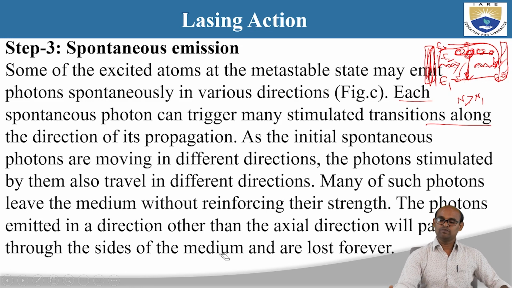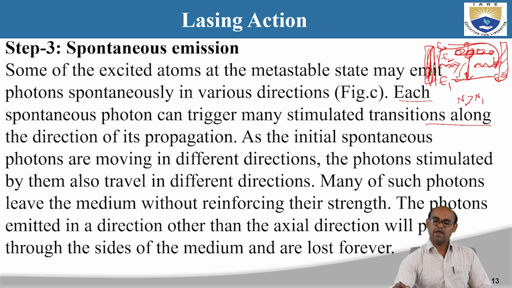Once you have population inversion, any one of the atoms can decay to the ground state through spontaneous emission. For spontaneous emission, you don't need to supply any energy. The atom voluntarily decays to the ground state by emitting a photon, because the difference in energy level, E2 minus E1, is emitted as a photon.